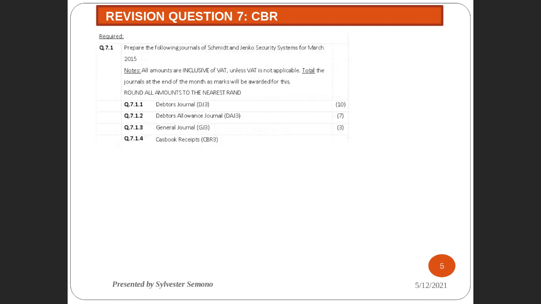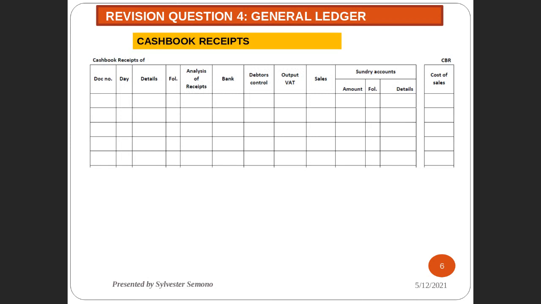Remember the first one, I'm going to ask you the first one. You have to record the first one. Please tell me, what will I record under source document? So tell me, what must I write under document number and the date?